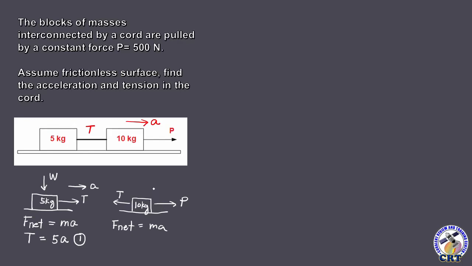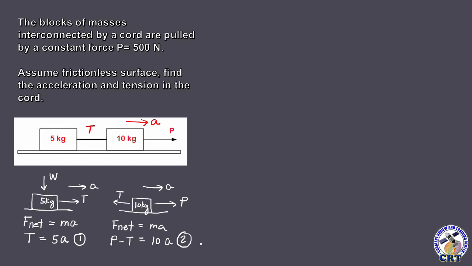Same thing with the 5 kilograms, the direction of the acceleration is to the right. All of the forces going to the right will be considered positive, and opposite to that is negative. So F net is positive P and minus T, equals the mass involved here, the 10 kilogram mass, times A, the acceleration of the system. So this is equation 2.